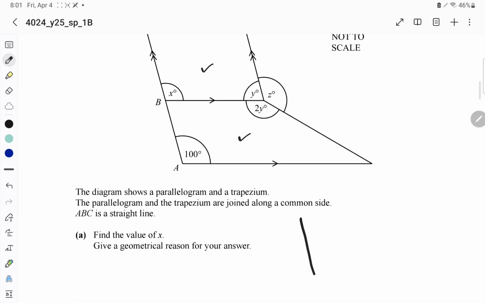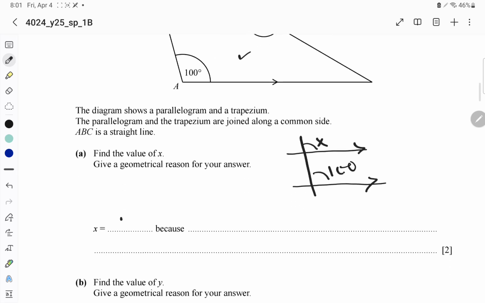Whenever we look at x, angle A is 100, and here angle B is x. Easily we can see that they are co-interior angles, which are supplementary, so x will be equal to 100 degrees. Sorry, they are not co-interior angles, they are corresponding angles.